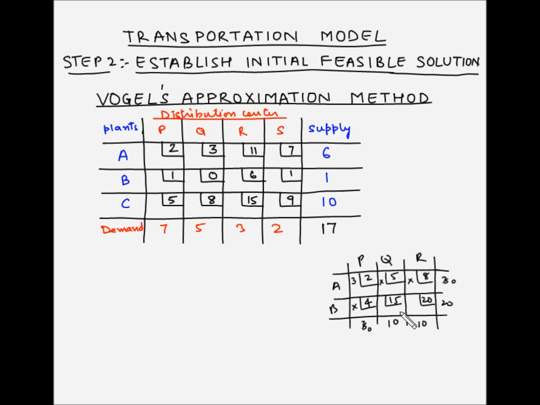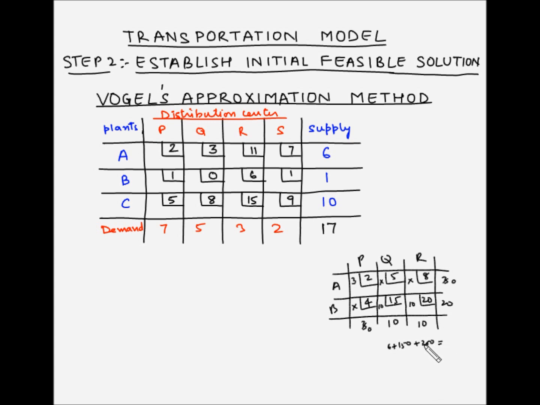So now you only have 2 options, cell BQ and BR. The total supply is 20 and demand is 10 and 10, so you'll allocate 10 to BQ and 10 to BR. Now let's see what the cost is here. 3 multiplied by 2 is 6, plus 15 multiplied by 10 is 150, plus 20 multiplied by 10 is 200.